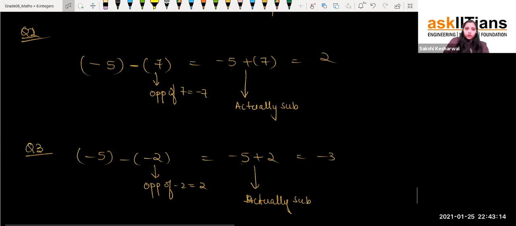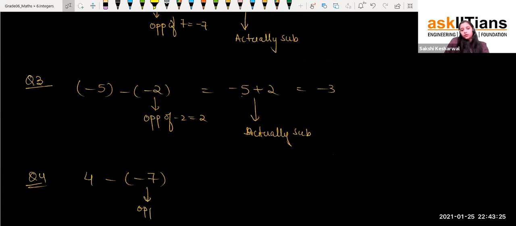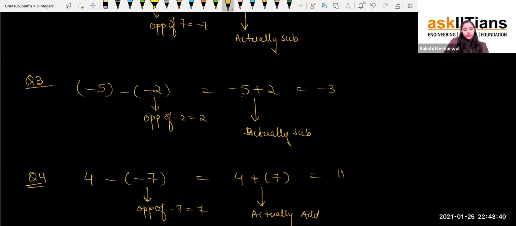Now question number 4: 4 minus minus 7. The opposite of minus 7 is 7, so this is 4 plus 7. Now you will actually be adding, so this is 11, right?